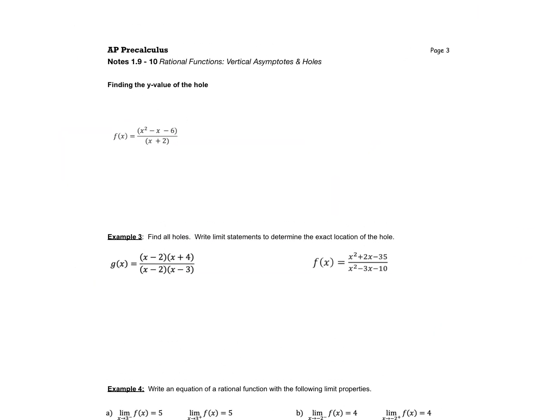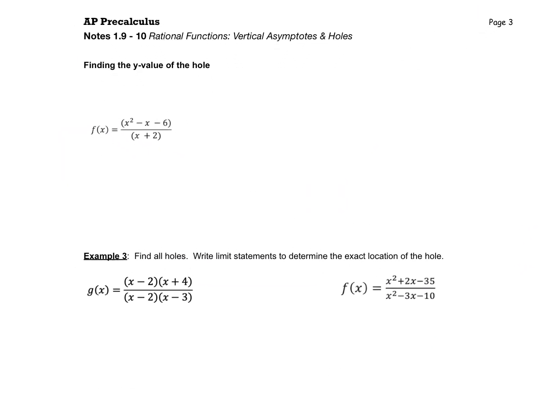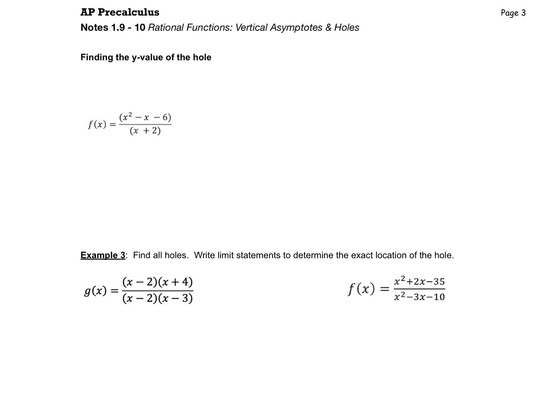All right, so I told you there'd be a way where we could find the y value of the hole. And the way that we do that is using a limit, okay? Because here's the problem. We can't really plug in a value where we think the hole is into the function because the function is not defined there, okay? So what we're going to do is this little process, all right?